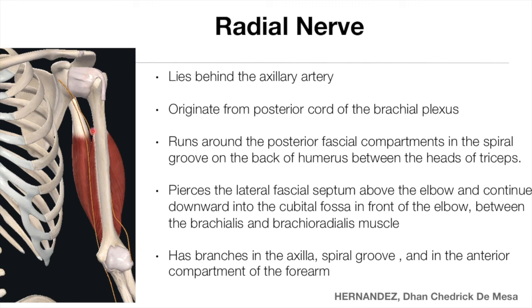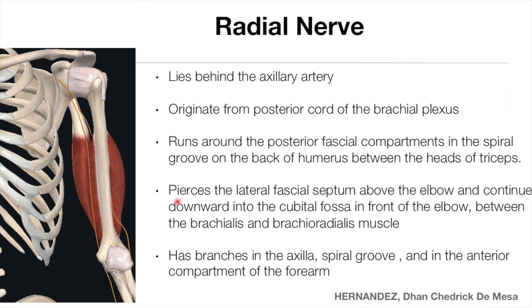If you're going to see it below, the spiral groove is a shallow oblique depression on the medial aspect of the humerus. And as you can see right here, it runs down in an oblique manner as well, the radial nerve. So it supports this statement.